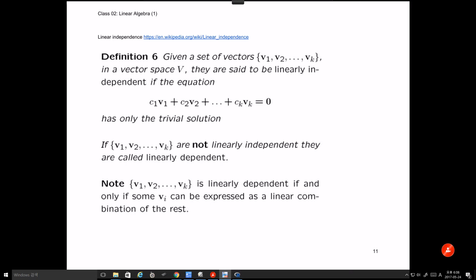That's why we call it dependent. So for example, if we can express one of those vectors with the others, then it is linearly dependent. If it is not possible, it is linearly independent. For example, suppose there is a non-trivial solution, and we divide each side by C1 and move this part over. Then we are basically expressing V1 as a combination of the other vectors V2 to Vk. In this case, if it is possible, it is called linearly dependent.